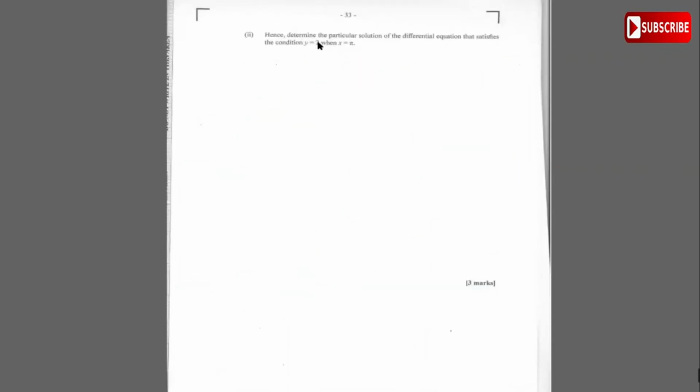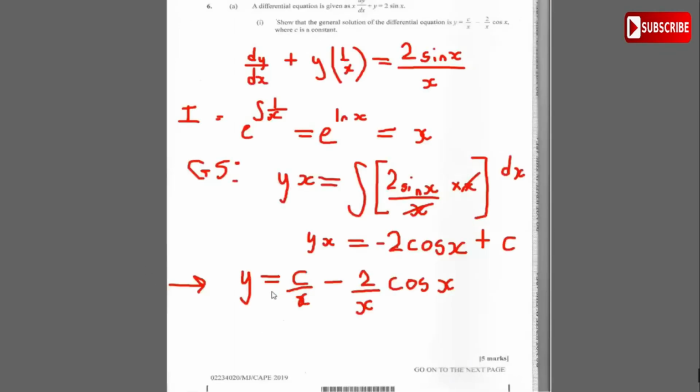It says now, hence, determine the particular solution of the differential equation that satisfies the condition y equals 2 when x is pi. So that means we're going to substitute y as 2 and x as pi.